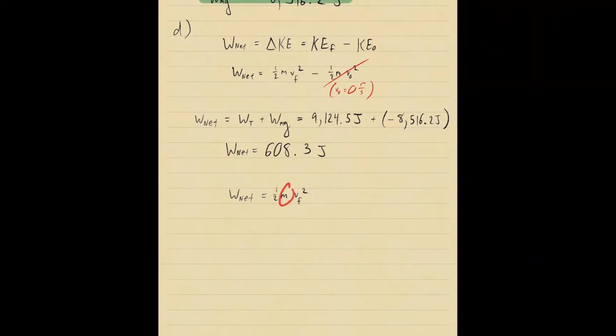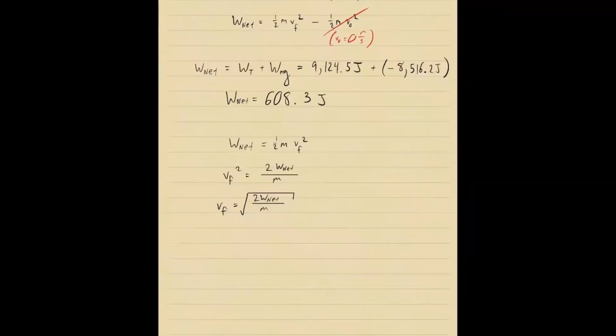Then I'm going to divide both sides by m to get that our final velocity squared is equal to 2 times the net work done divided by the mass of the person. And then last but not least, if I take the square root of both sides, we get the final velocity that we're looking for. So our final velocity is equal to the square root of 2 times the net work done divided by the mass of the person.